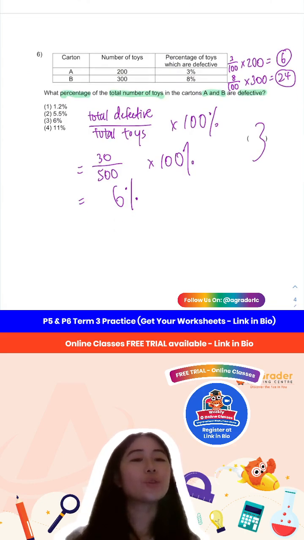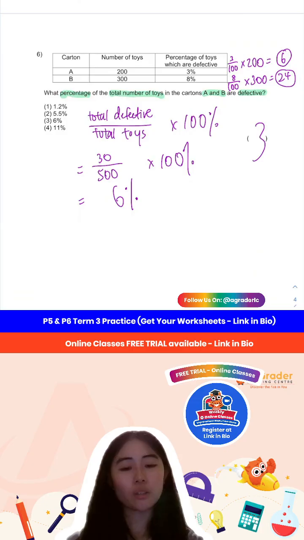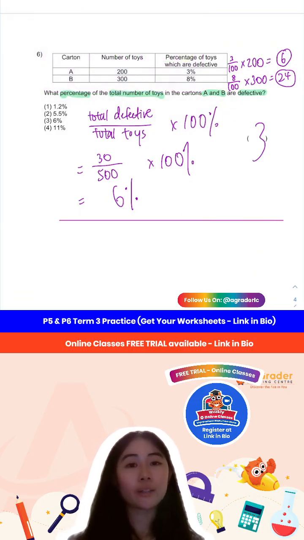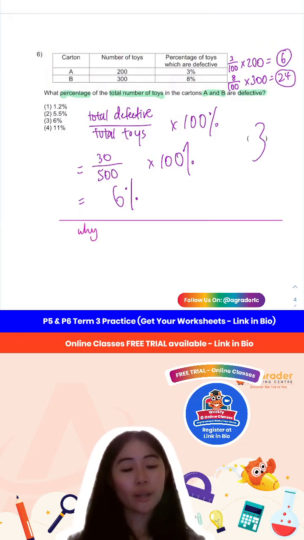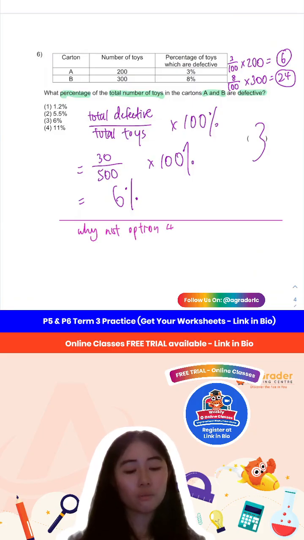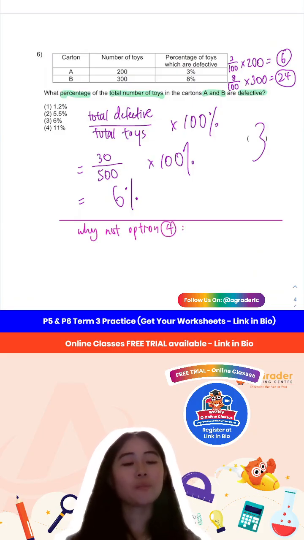Okay? So this is the correct working. Just now somebody was asking why is it not option 4? Okay, so let me explain why is it not option 4. Wait, let me draw a line. Okay, why not option 4? Let me see. Okay, so if you got option 4, I think what you did was you used 3% plus 8% is 11%.